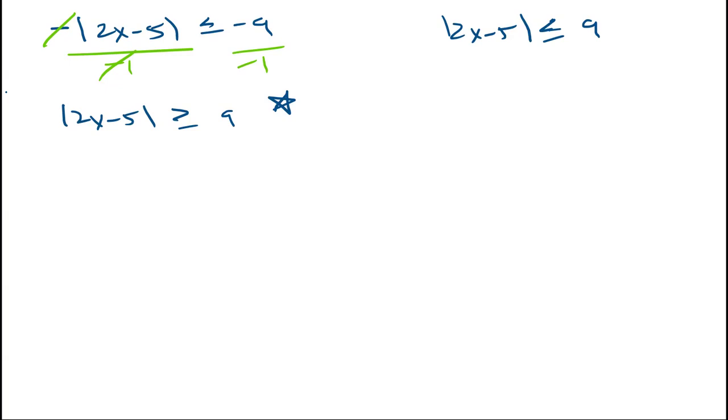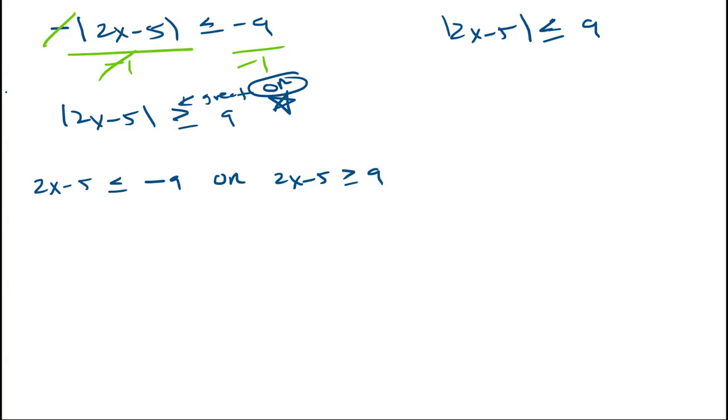All right, and then I just look at my formula sheet, and if it's greater than or equal to, I have a greater, right? That's a great "or," play on words. So that means I'm going to have two separate equations. I'm going to have 2x minus 5 is less than or equal to negative 9, or 2x minus 5 is greater than or equal to positive 9.